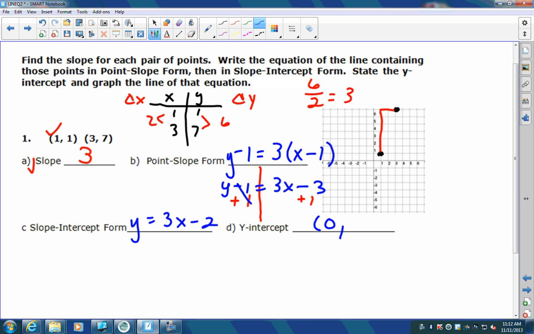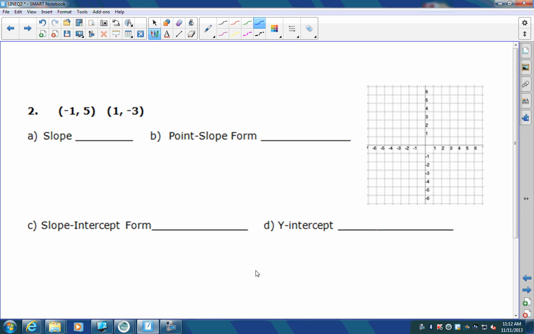Well, my y-intercept is 0, negative 2. So to graph it and draw my line, I start down here at 0, negative 2, plot that y-intercept. I already had those 2 other points plotted, and there's my line. Go ahead and do number 2.